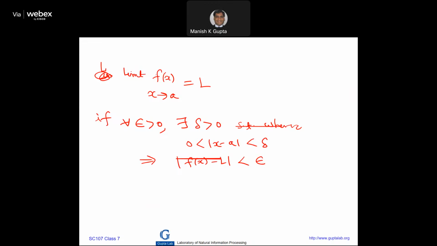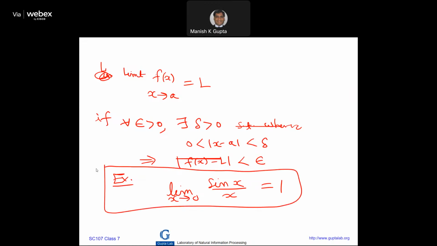So I think I can also mention something about left hand limit and right hand limit. As an example, what I would suggest: you know this limit.